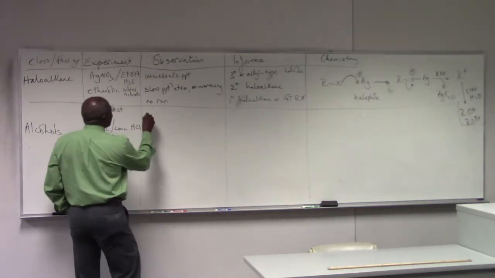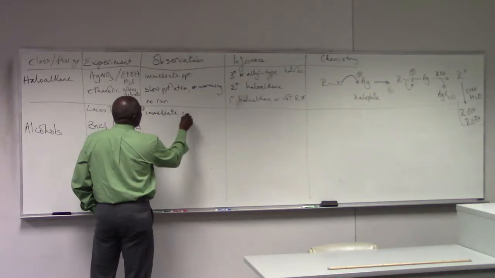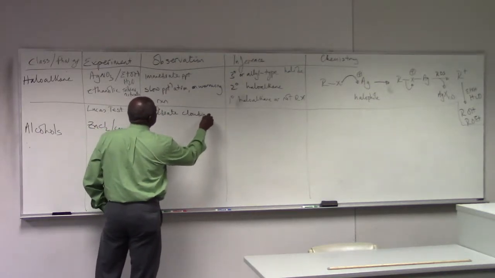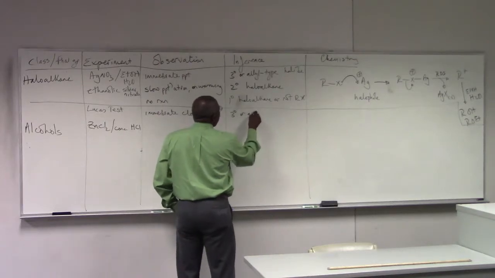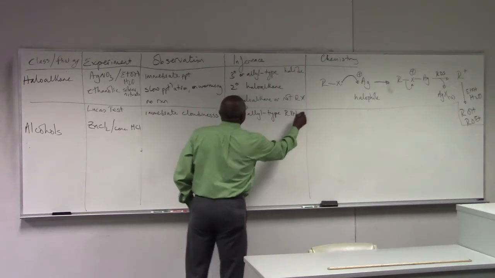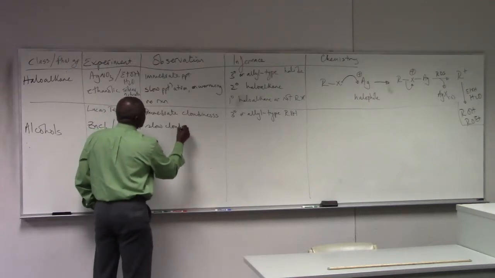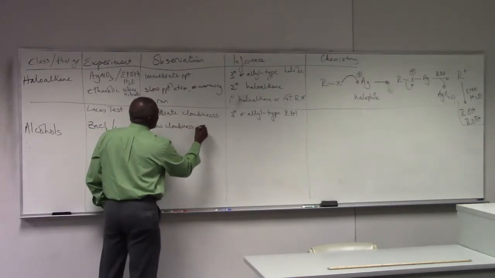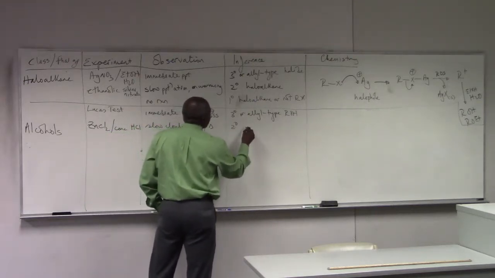If I see an immediate cloudiness, that suggests it's a tertiary or allyl type alcohol. If I see slow cloudiness, often with warming, that suggests it's a secondary alcohol.